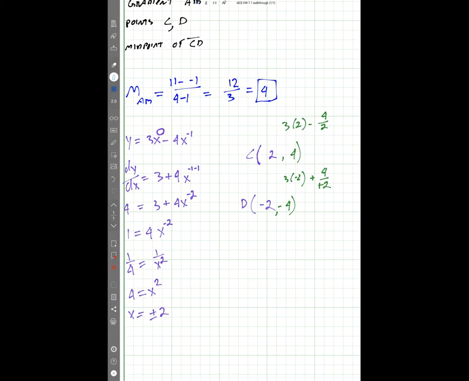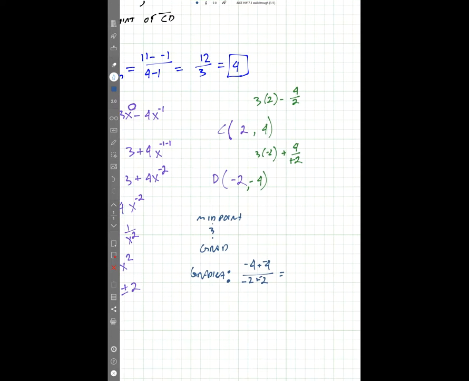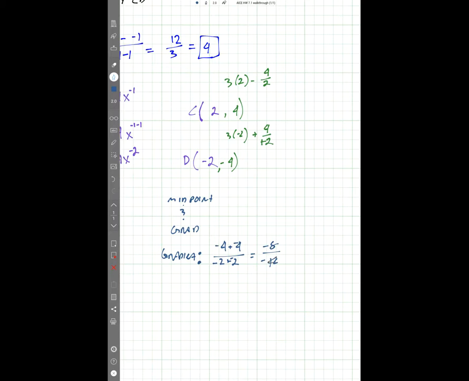So now we need to find the midpoint and the gradient. Gradient: negative 8 over negative 4, which gives you a positive 2 slope.